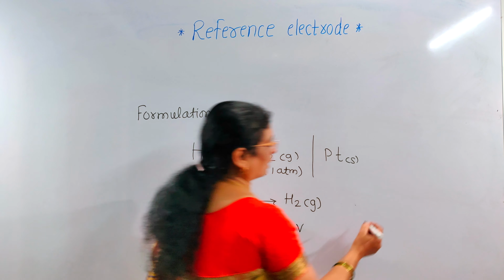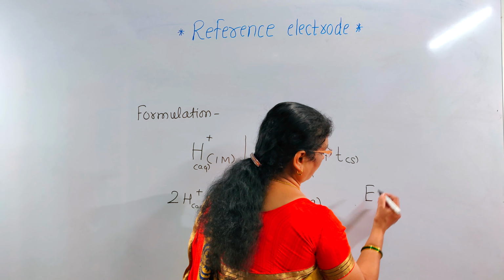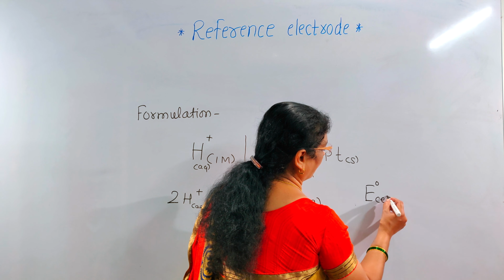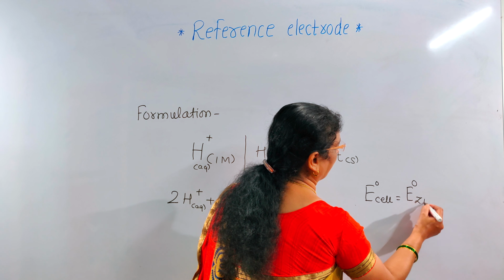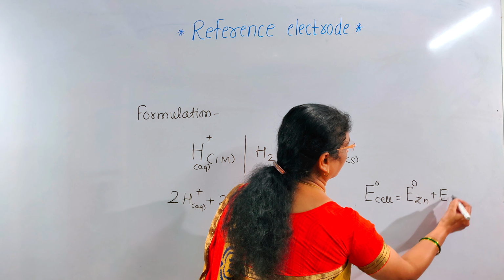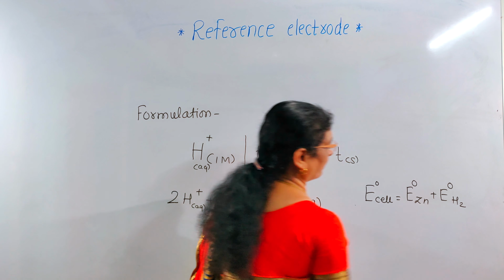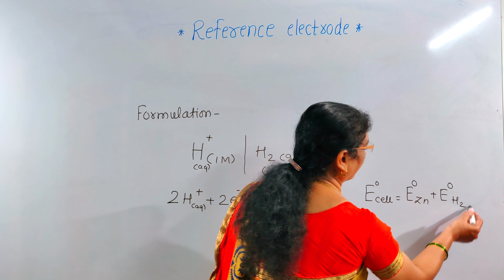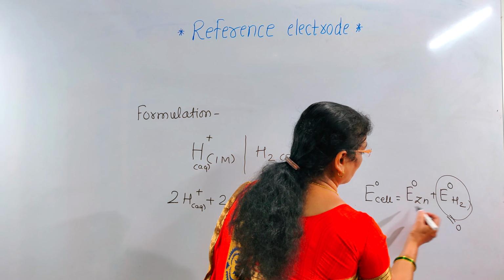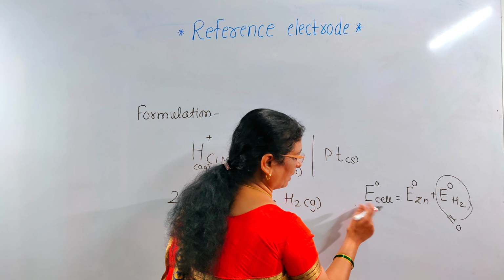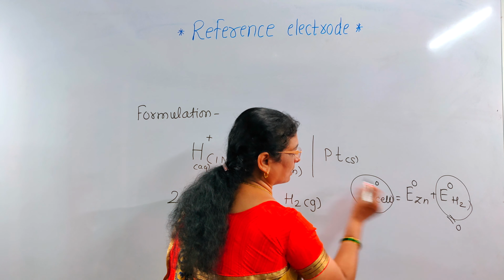Now suppose we have to construct a cell by using zinc electrode and standard hydrogen electrode as a reference electrode. Now standard hydrogen electrode potential is 0. The summation of these potentials will be equal to E0 cell.